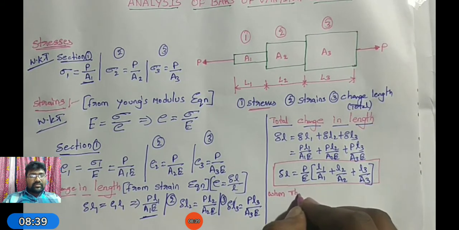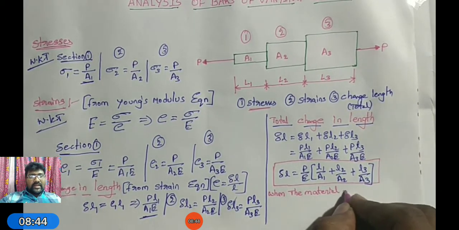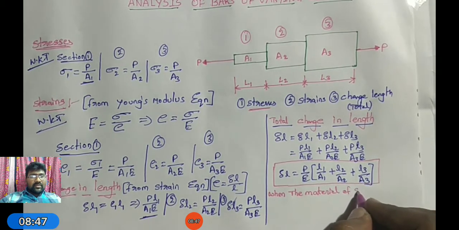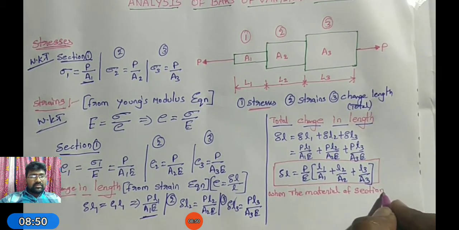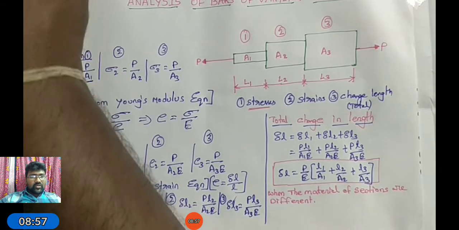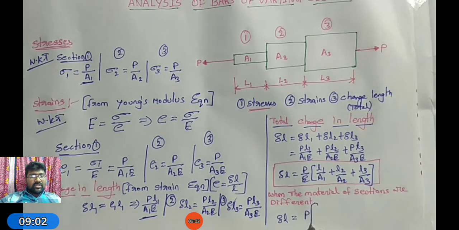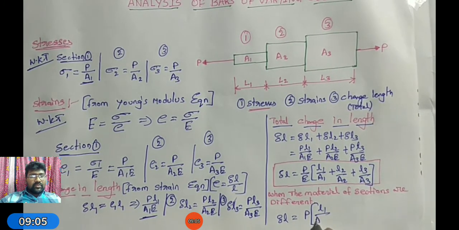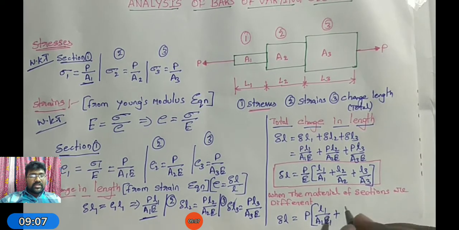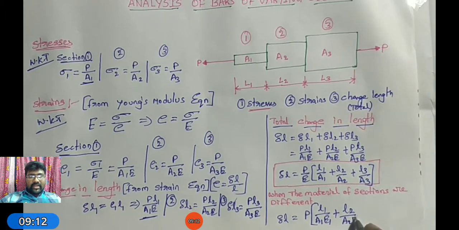When the material of the section is different, then the equation is P into L1 by A1 E1 plus L2 by A2 E2 plus L3 by A3 E3.